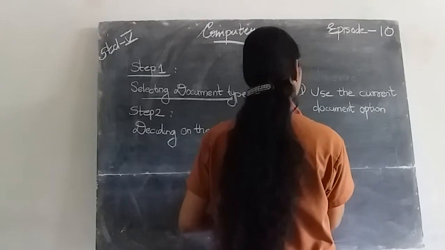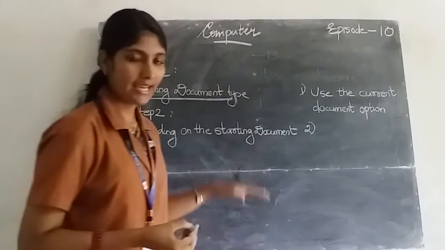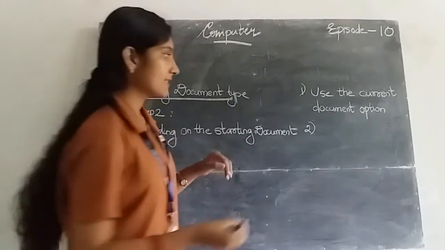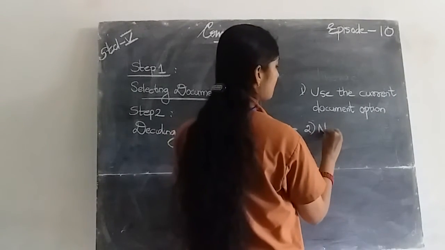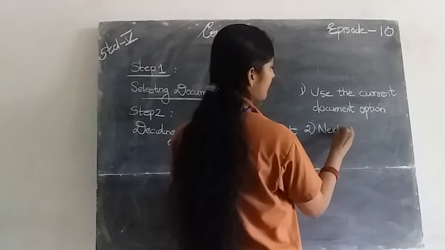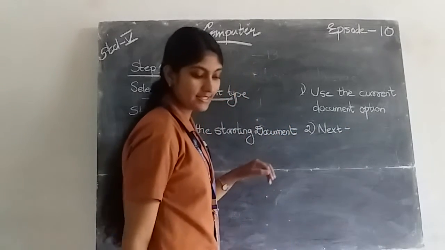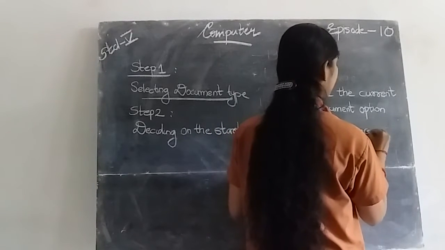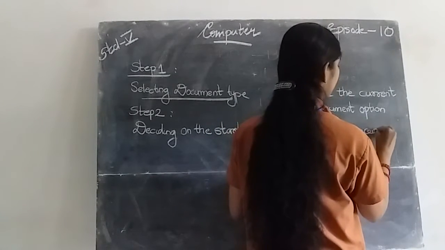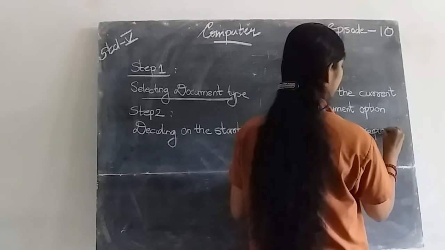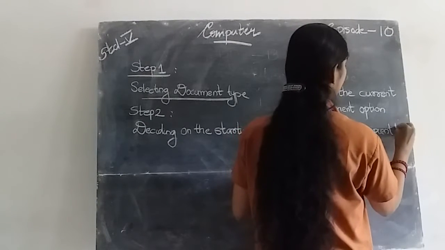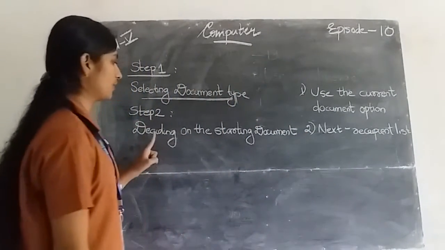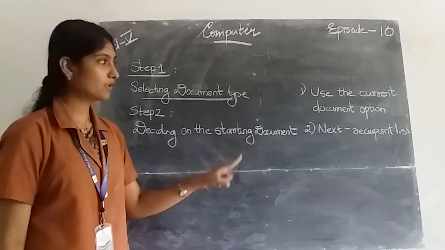Then at the end of the mail merge task pane, click next recipients list. Okay, this is step 2, deciding on the starting document.